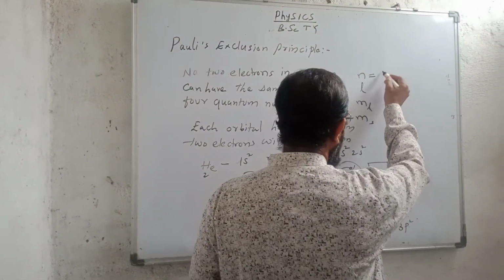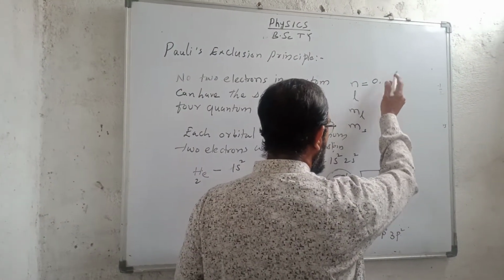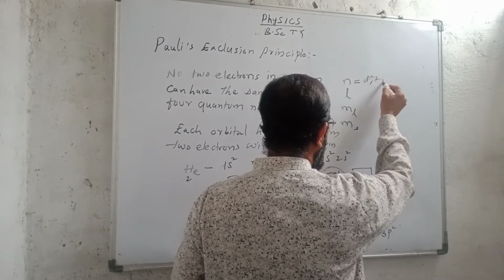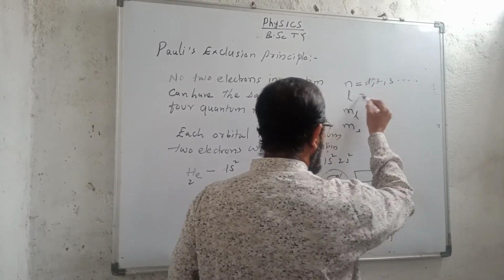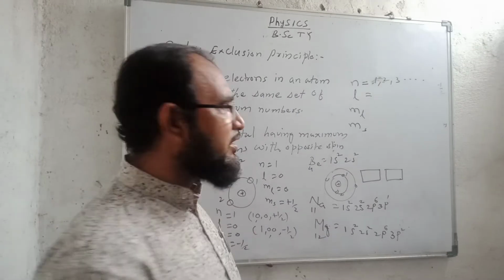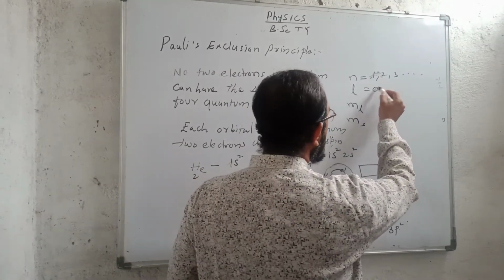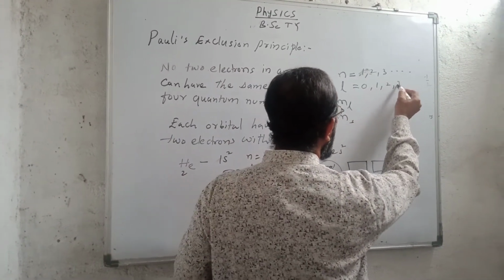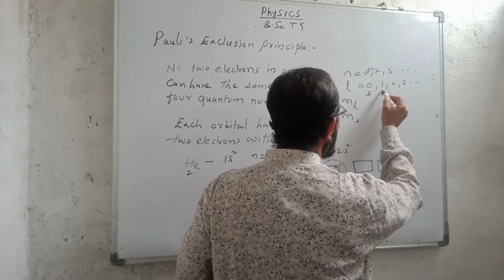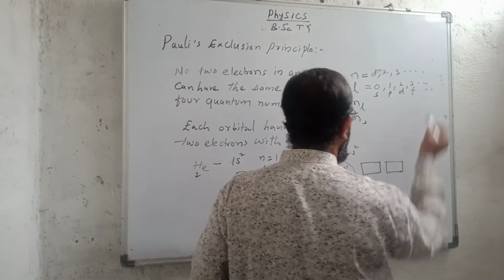The value of n will take from 1, 2, 3 and so on. The value of orbital quantum number l will take from 0, 1, 2, 3 and so on, that is s, p, d, f and so on.